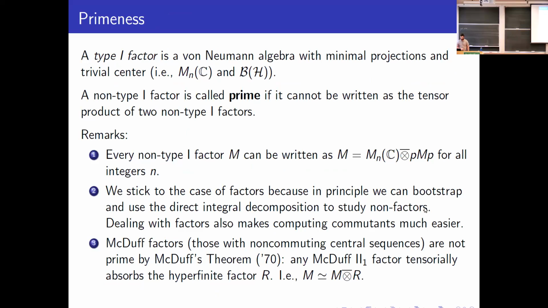Okay, so I came back here because I want to point out the outline for the next little bit of the talk. So one, we want to stick to the case of factors. And I also want to avoid McDuff factors by only considering things that don't have gamma.